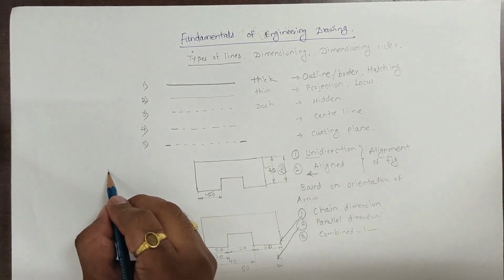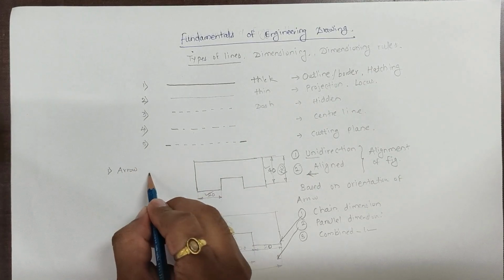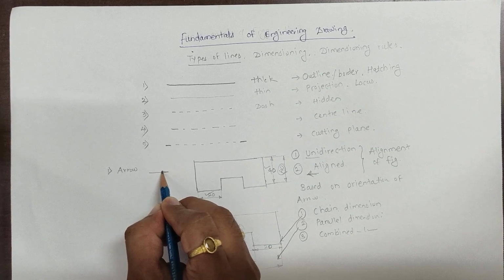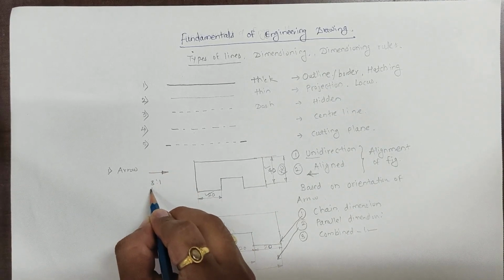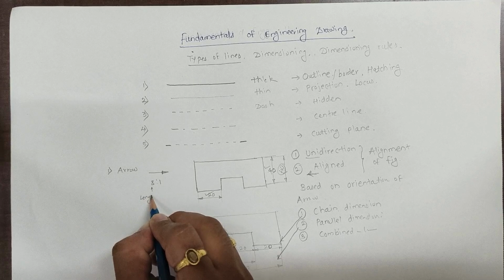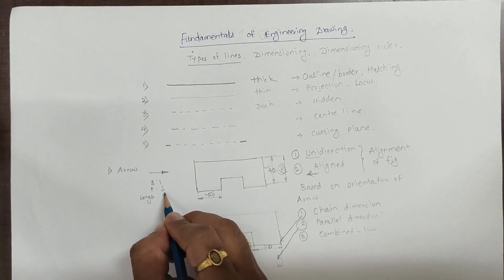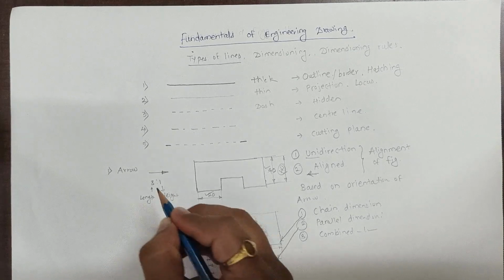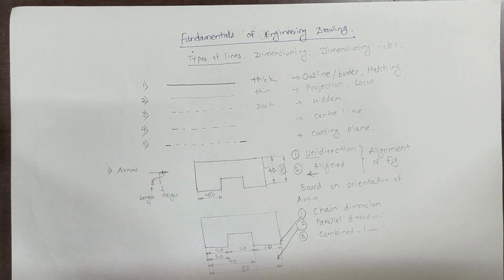For dimensioning, arrow size must be uniform. That means the arrow must be in a proportion of 3:1. So 3 is nothing but the length, and 1 is nothing but the height.